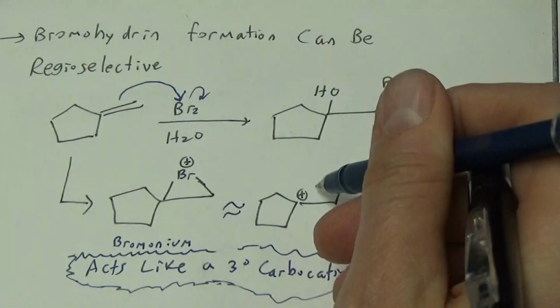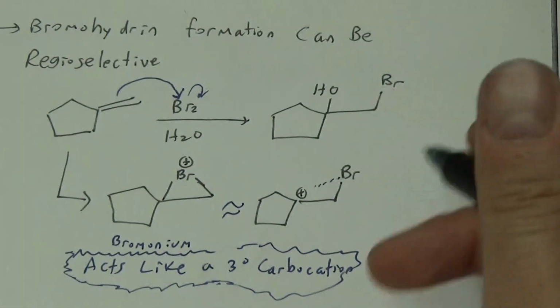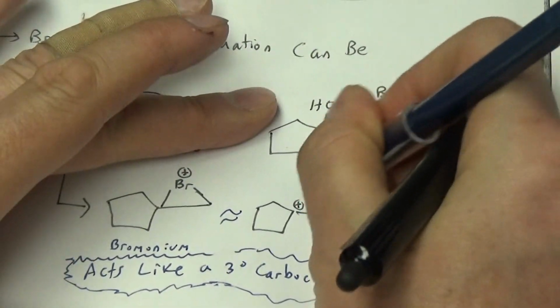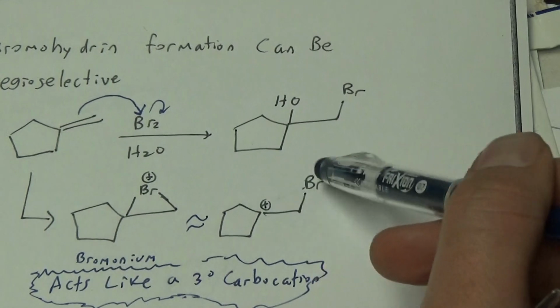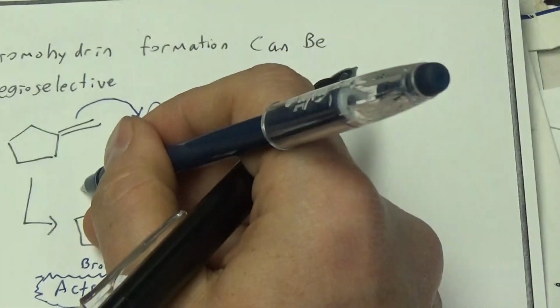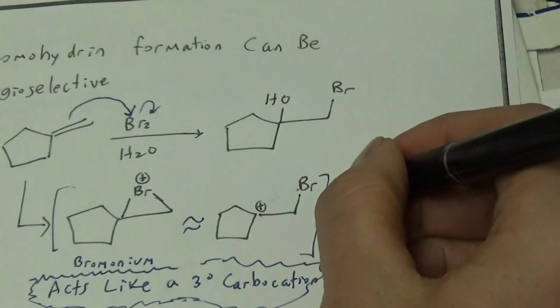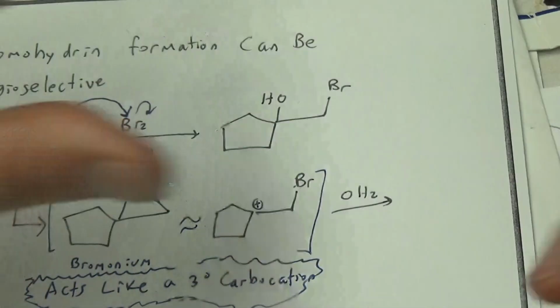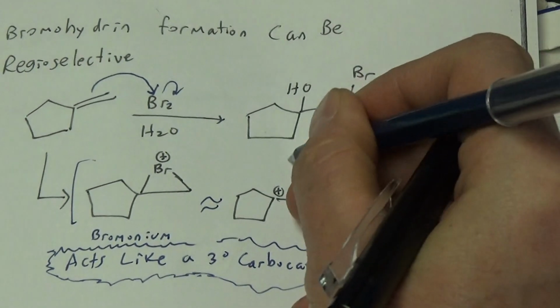So there's a little bit of the bromine kind of talking to the carbocation. I might draw dot dot dot, or just not even do that. But there's some overlap between the bromine, the lone pairs, and the carbocation. But the big thing is it acts like a tertiary carbocation. So now what's water going to do to this tertiary carbocation looking thing? It's going to attack it, right?